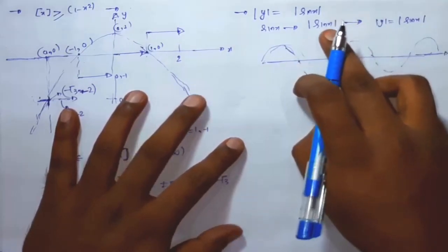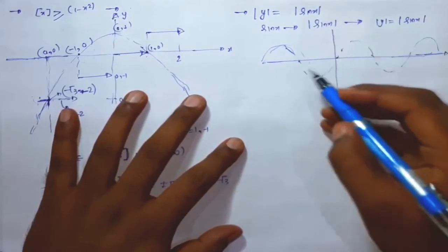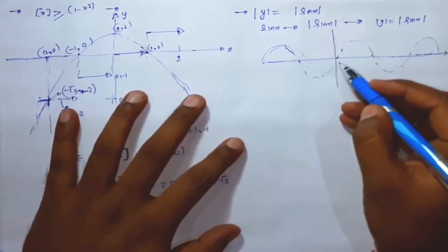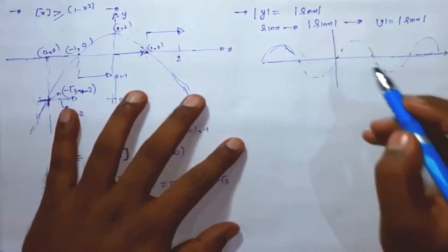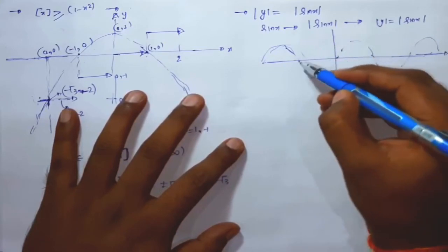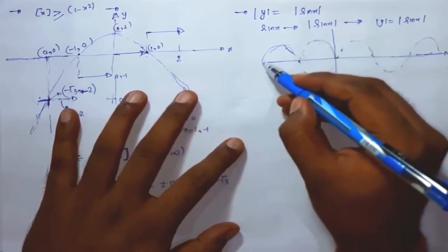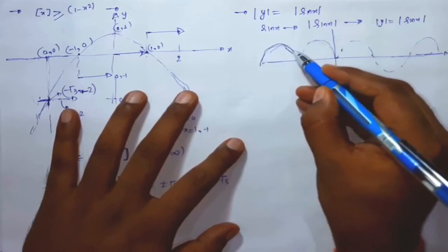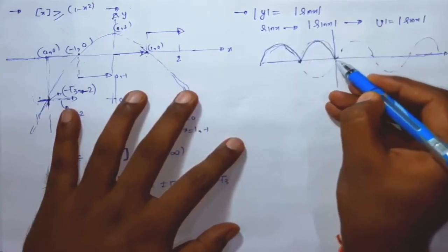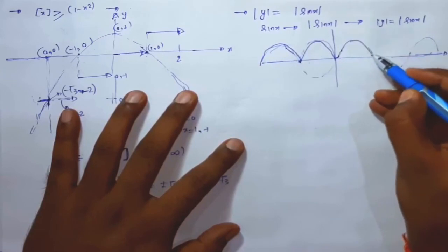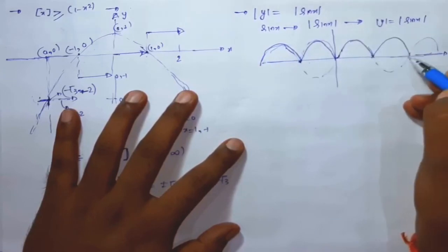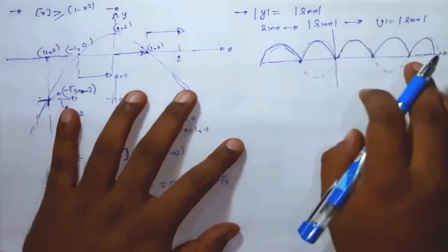So this negative portion we will simply take the image of, in the x-axis. So it will become like this. Okay, so the graph of mod of sin x will be like this. This is the graph of mod of sin x.